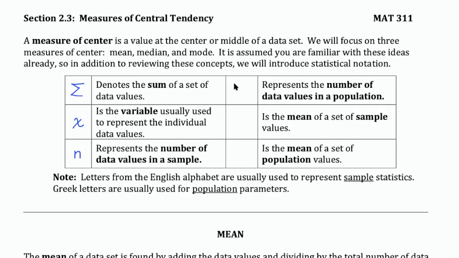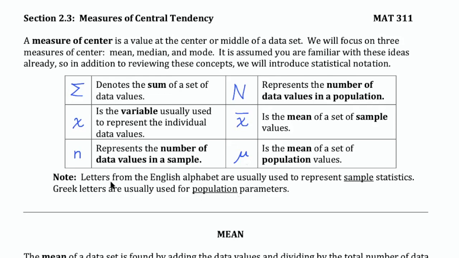And for a population, we use capital N. For the mean of a set of sample values, we use the symbol x with a bar over the top of it. And for the mean of a set of population values, we use the Greek letter mu.